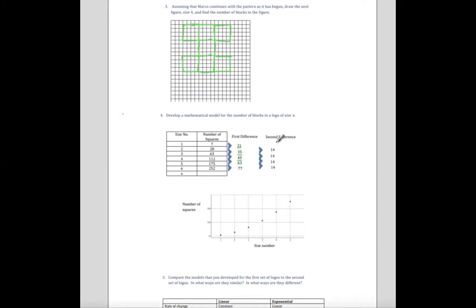So I looked at their second difference, which is simply the difference of the differences. The difference between 21 and 35 is 14. Difference between 35 and 49 is also 14, and so on and so forth. The second differences were all the same. Now if the second difference is the same, that means it's a quadratic function. Okay, quadratic.